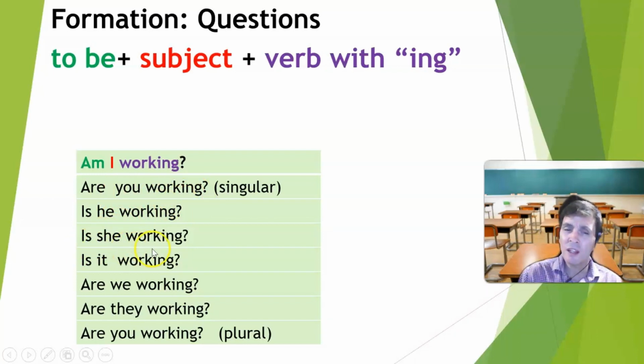Is she working? Is it working? Are we working? Are they working? And are you working? So again, we're going to begin with a form of to be, and then the subject, and then finally we are going to have the verb with the ing.